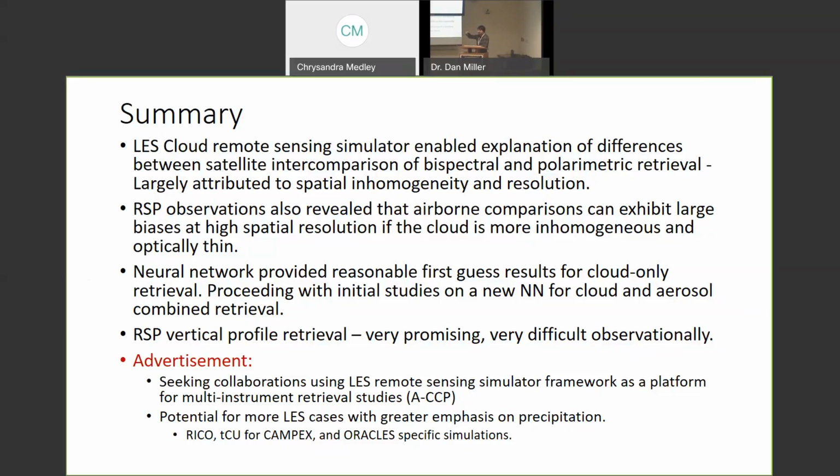As part of the Glory mission, they did a lot of improvements to that code to get it ready to be the simulator of record for the instrument. So it mimics RSP data pretty efficiently. There's basically a flag where you can make the same type of data, and so they got it ready to be the algorithm that they would use to do their retrievals. So it's a pretty robust code.